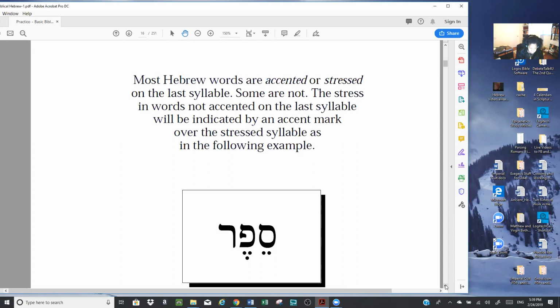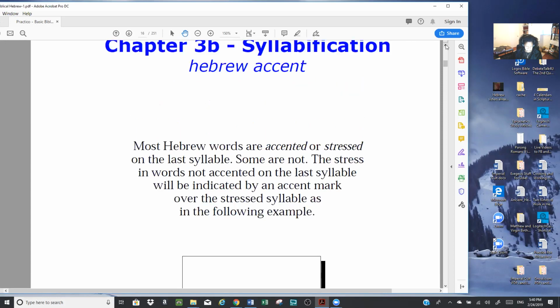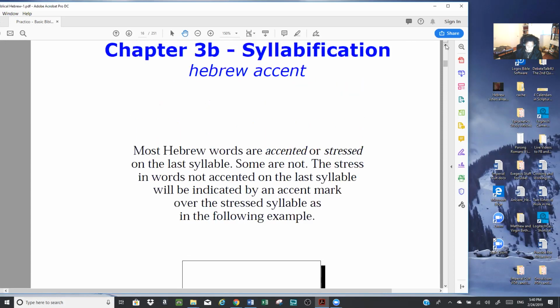I'm going to use dabar for the first example. I know you see sefer, but I'm going to use dabar. Let's write above here.